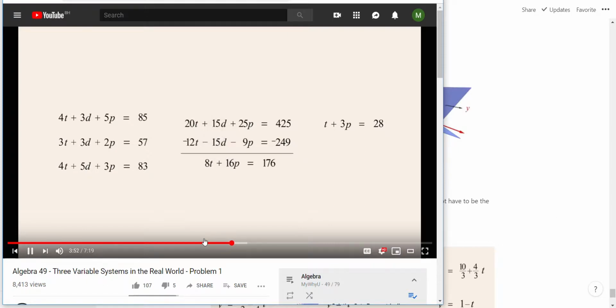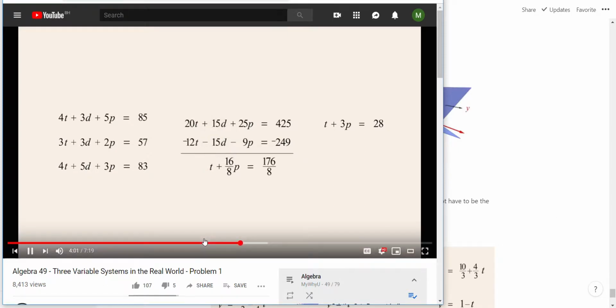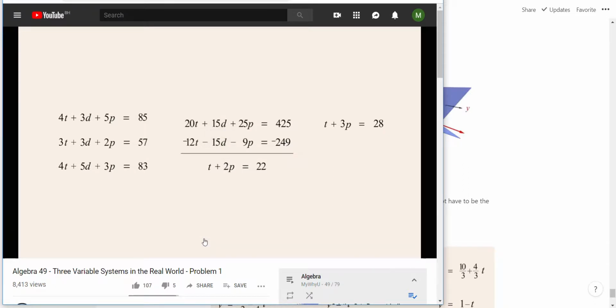That gives us 16p equals 176, so p equals 22. This system of 2 equations in 2 variables can now be solved to find the values of t and p.